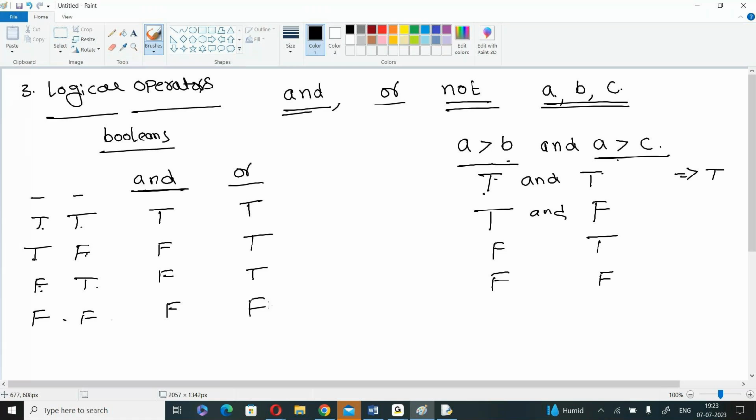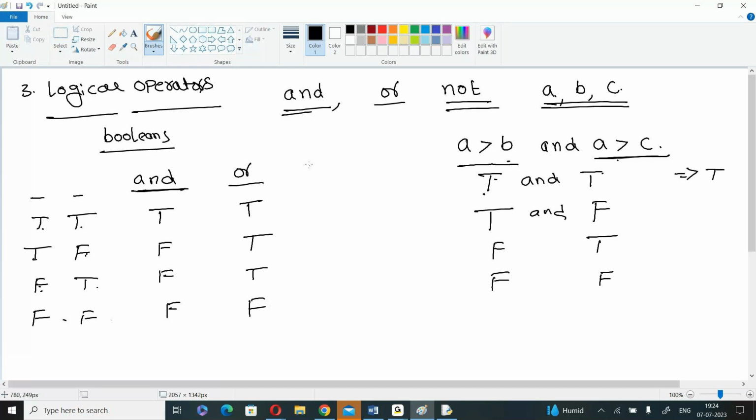AND means both conditions are true; if you are performing the AND operation and both conditions are true, the result is true. In all remaining cases, the result is false. Coming to the OR operation, if at least one is true, the result is true.